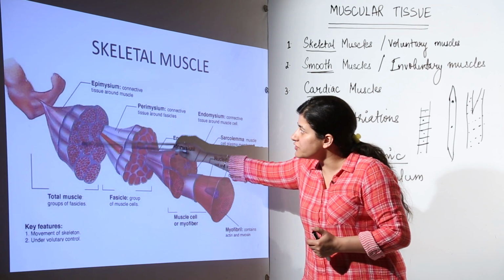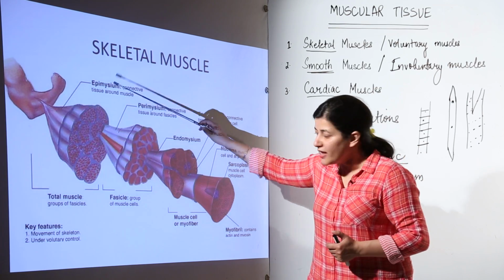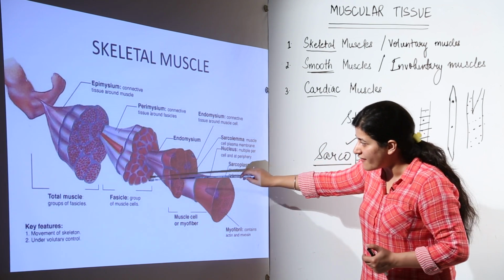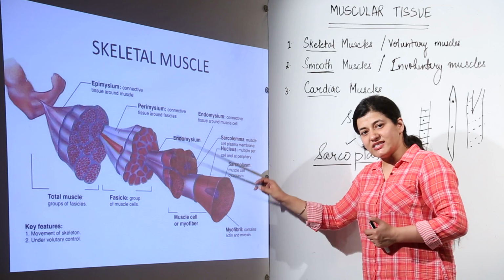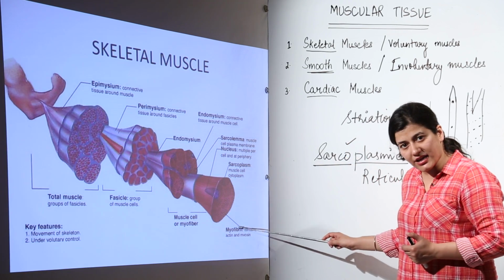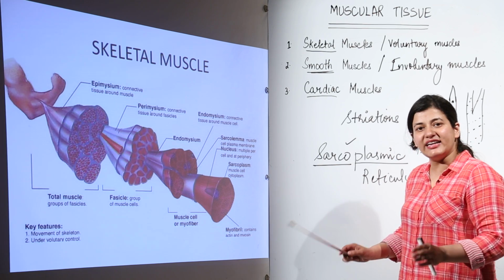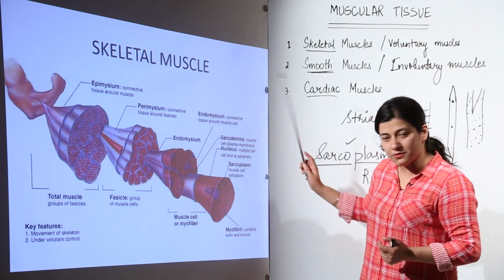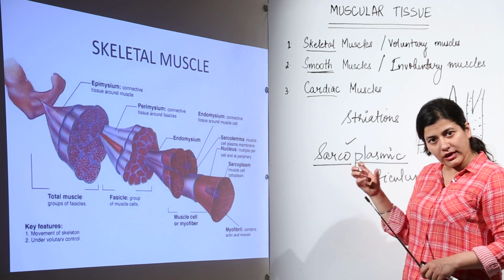Alright, that connective tissue layer is known as epimysium. There are many fascicles present inside the epimysium. Those fascicles would have muscle cells inside them. Those muscle cells would have myofibrils inside them, which would be nothing but actin and myosin, the contractile proteins present inside the skeletal muscles, responsible for bringing about the movement.